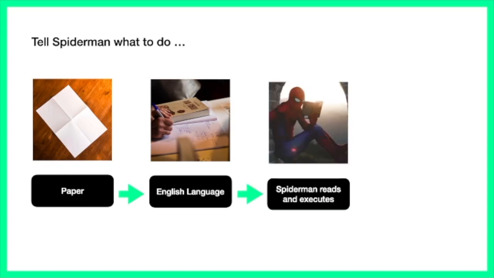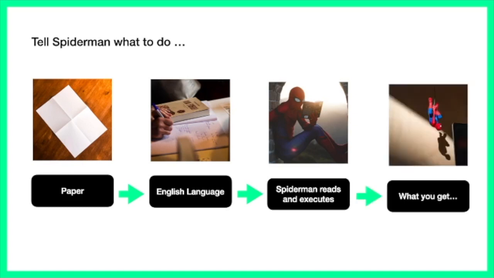Then you pass that paper to the Spider-Man. The Spider-Man will read your instruction and he executes your instruction. Finally, you get a Spider-Man in action, all according to your instructions.